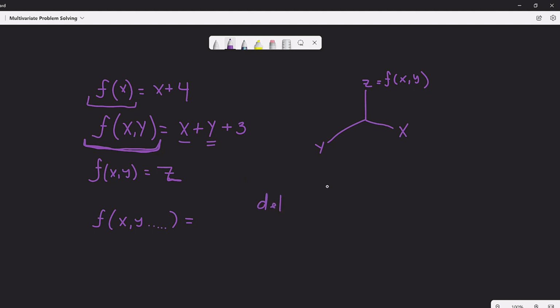The del looks something like this. Very similar to our other derivative operation sign, but this time it's a little bit more squiggly than the previous single variable operation notation. So this is single, and this is multiple.